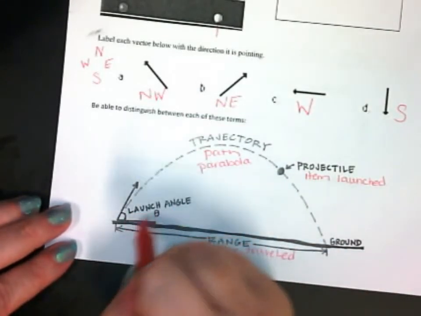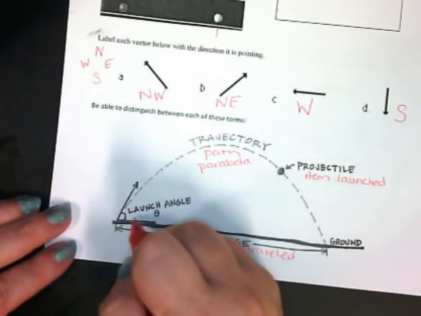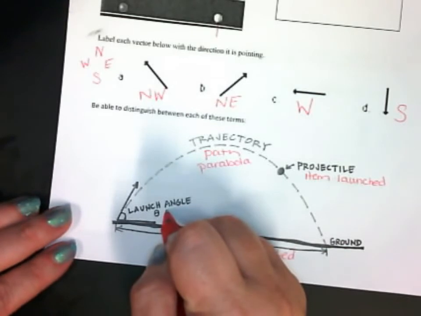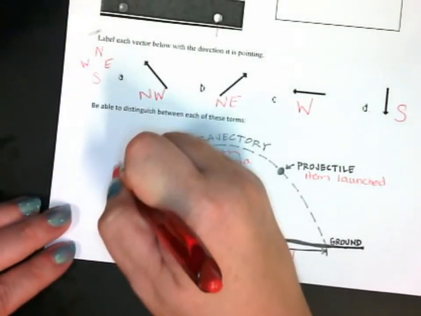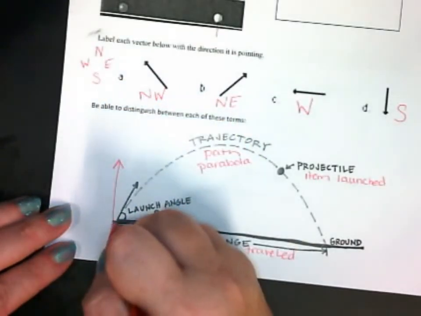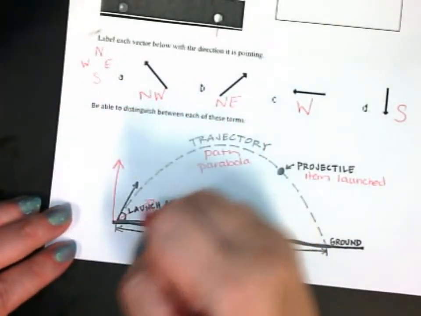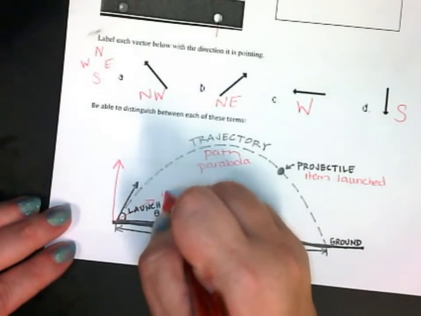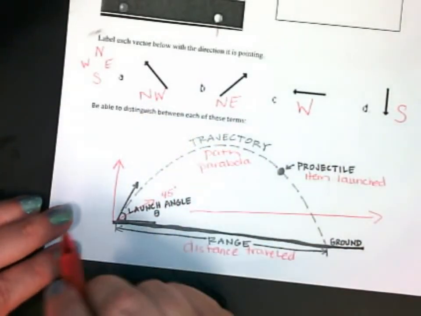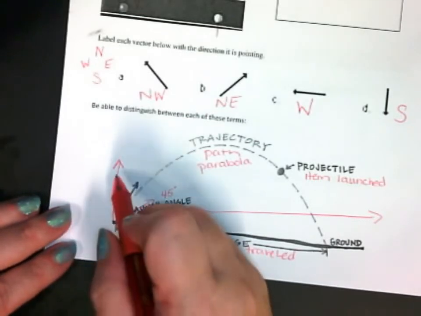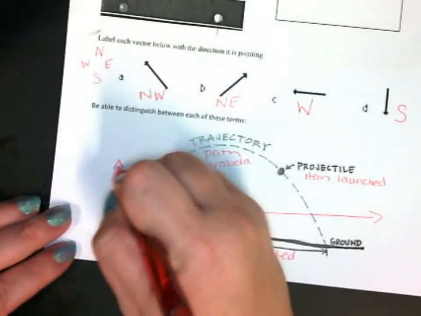And our launch angle is the angle at which we launch our projectile. So whether it be a 45 or a 90, this one's 45. A 45 is going to get us our most distance horizontally. However, if we were wanting to shoot a rocket into space, we would go 90-degree angle to go straight up.